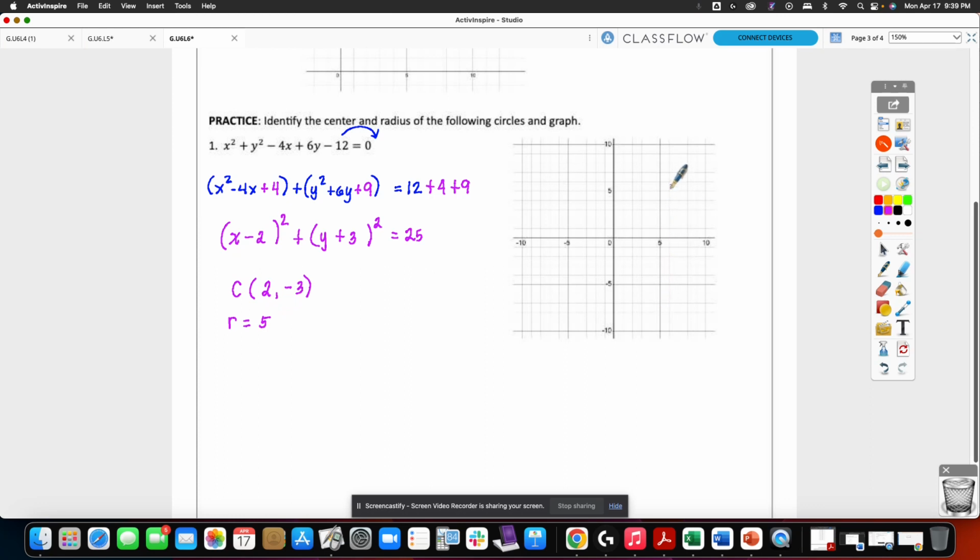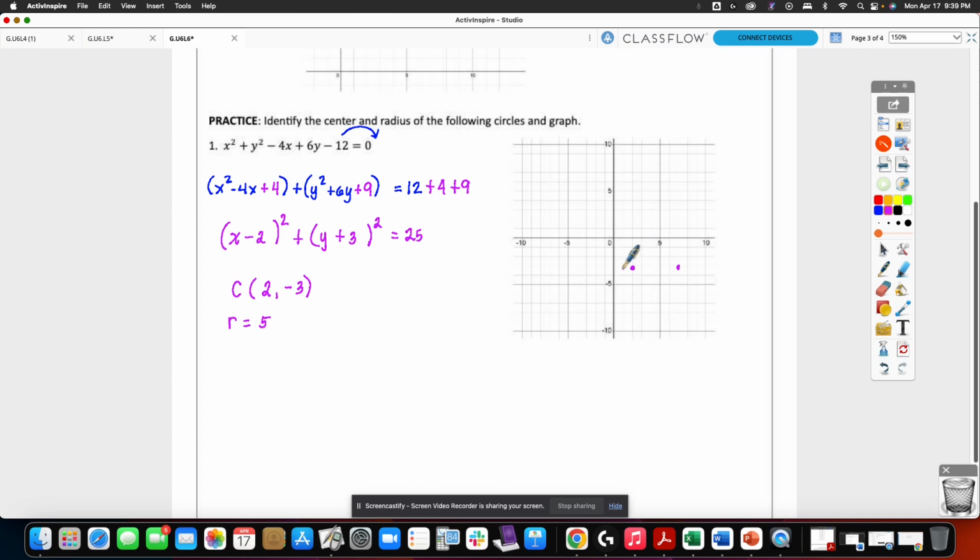Okay, so let's graph this circle. Center is at positive 2, negative 3. Right here. Positive 2, negative 3. That's the center of the circle. And then we count 5 units on all sides of the center. So 1, 2, 3, 4, 5.